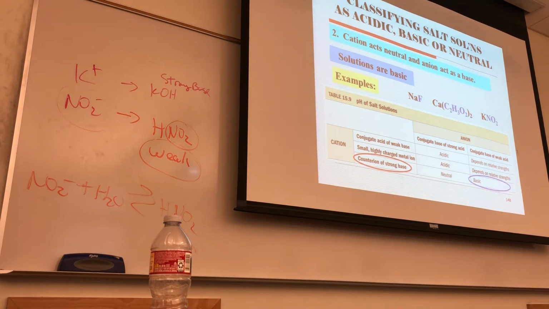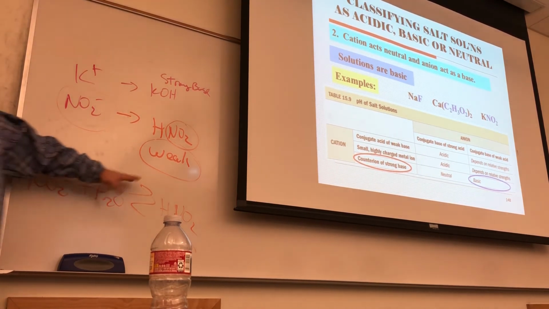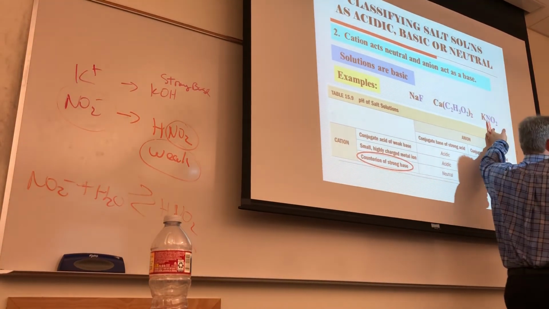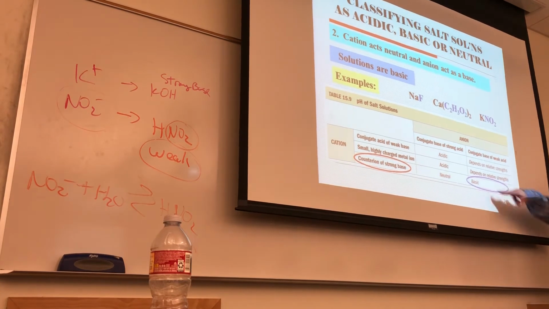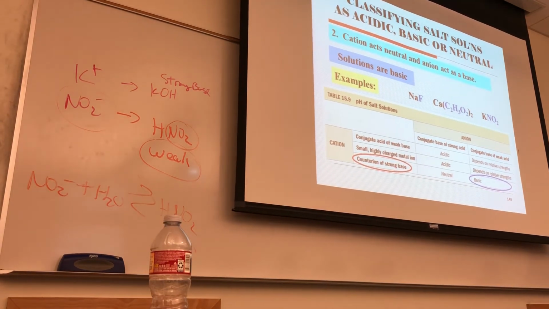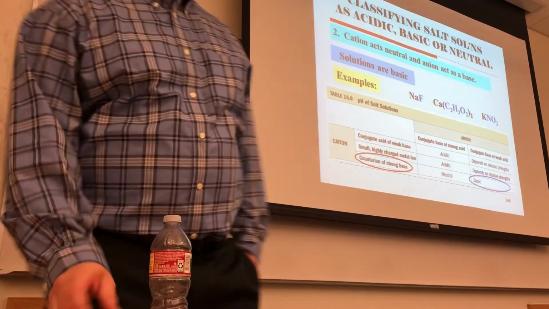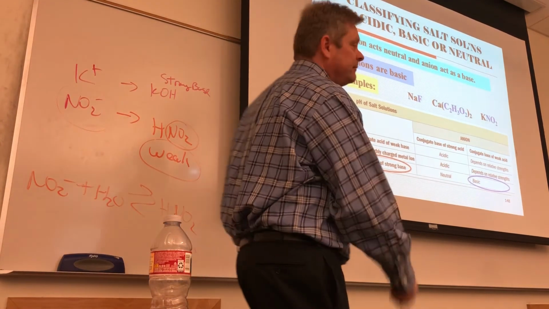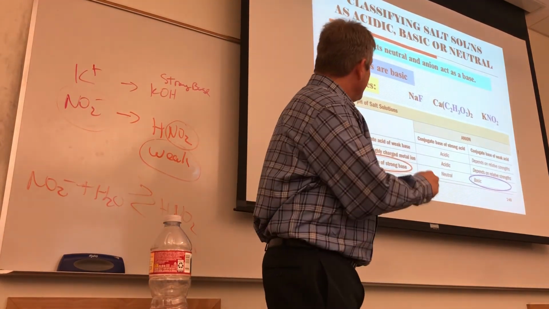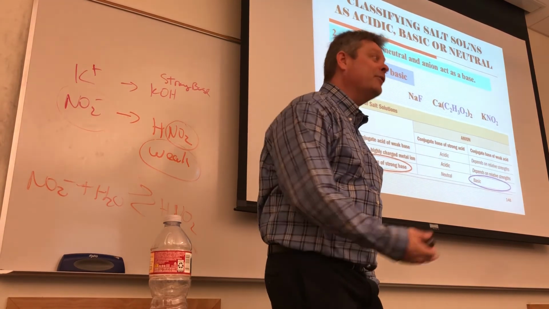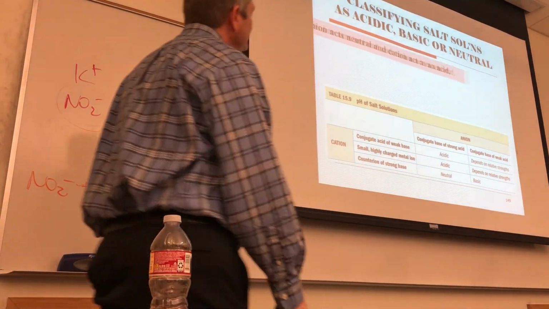So it's a progression of things that you have to think about, but if you think about it appropriately, you could break down one that you might not automatically know and quickly identify, you get a basic solution. Is that okay? Everybody see that? So the challenge is making sure that you put it all properly. So of course, what's the next one? The cation acts as an acid, and the anion acts as neutral, right? That would be the next one.